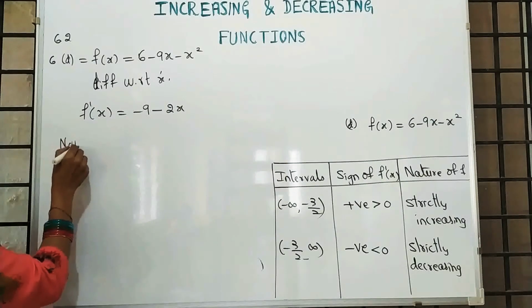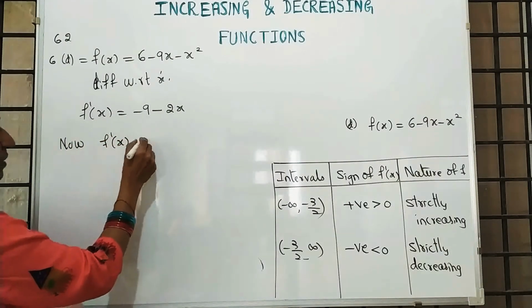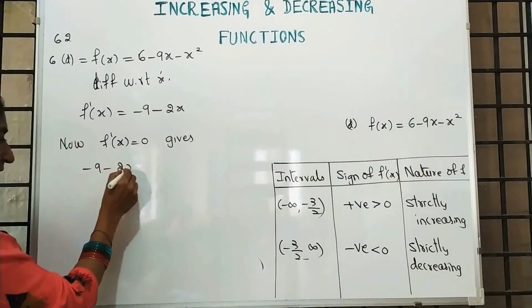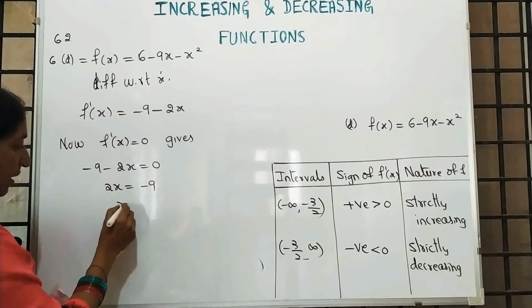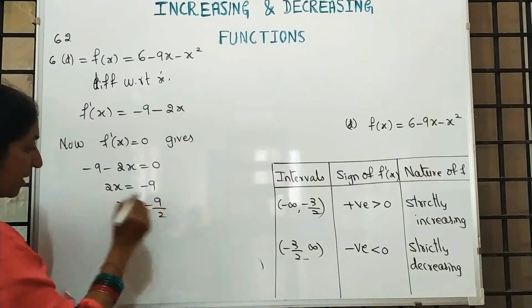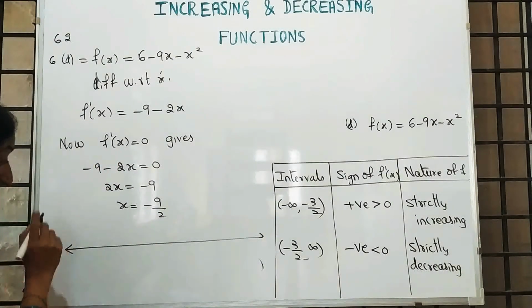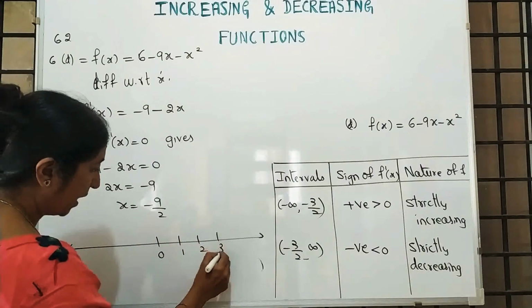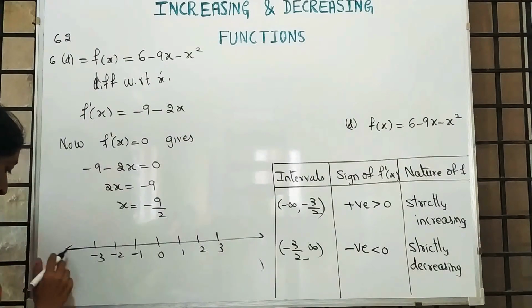Now we have to equate the first derivative with 0. f'(x) = 0 gives -9 - 2x = 0. 2x = -9, x = -9/2. What is -9/2? It is -4.5. Mark this on the number line, that is very important.